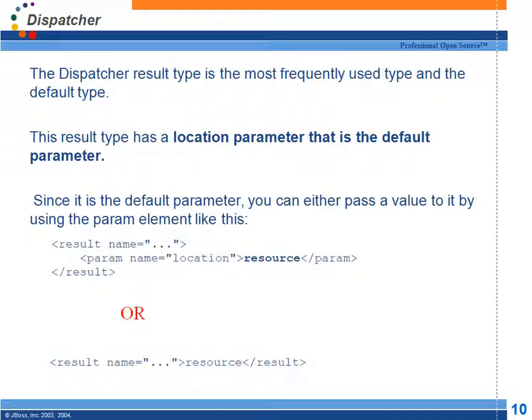Both are the same. Just observe. The dispatcher result type should have a parameter called location, but this is a default parameter, so both are the same. So we always use this one, right?